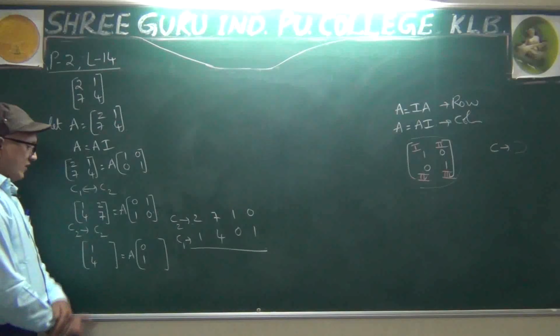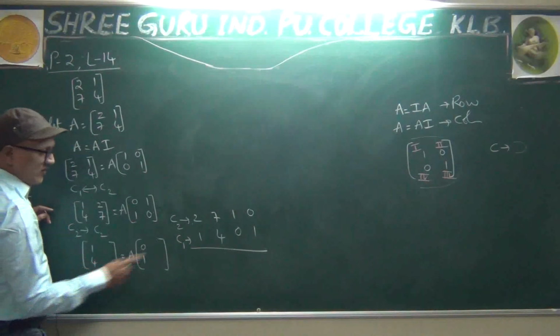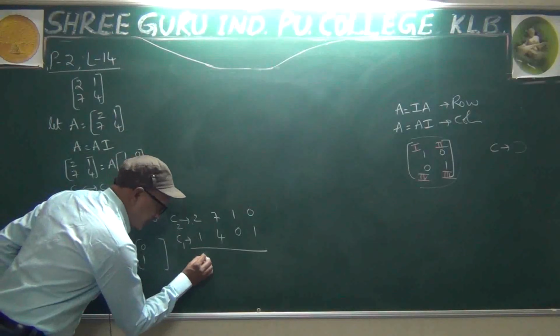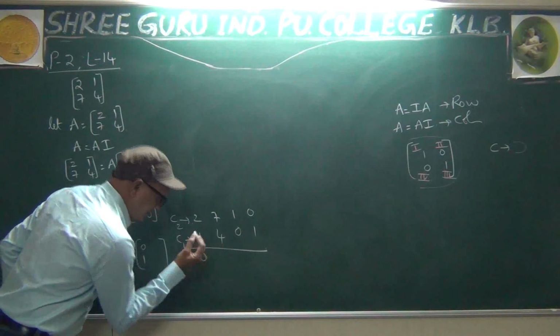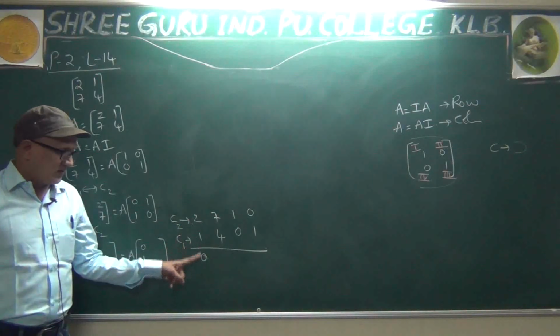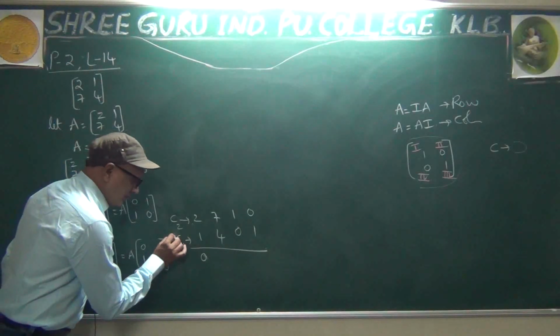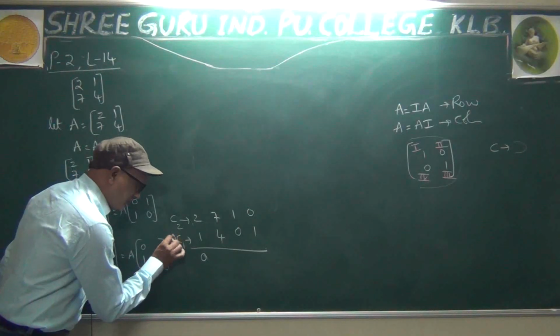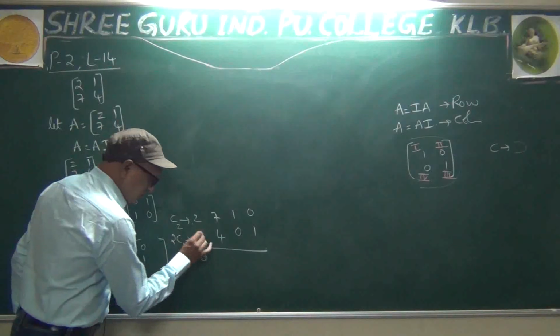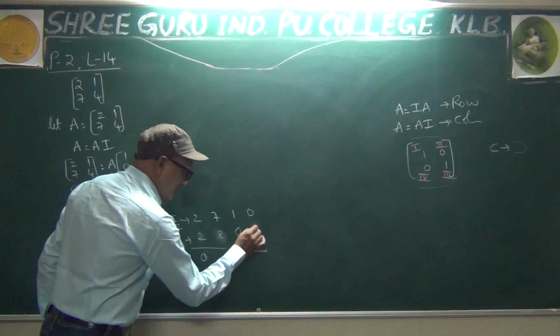In place of 2 we want 0. 2 plus 1, 2 minus 1, no. So multiply with 2: 2 into 1 is 2, 2 into 4 is 8, 2 into 0 is 0, 2 into 1 is 2.